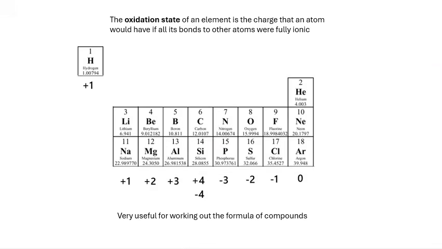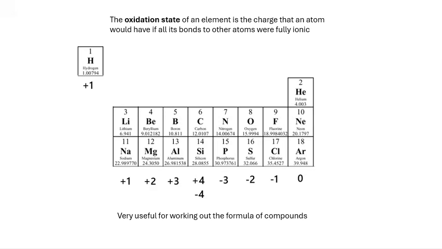So now we've talked about the valency. We know all about how the number of electrons in the outer shell affects the chemical properties. The oxidation state of an element is the charge that an atom would have if all of its bonds were fully ionic.